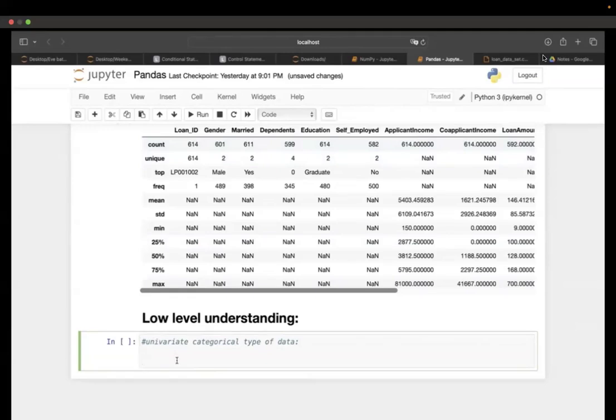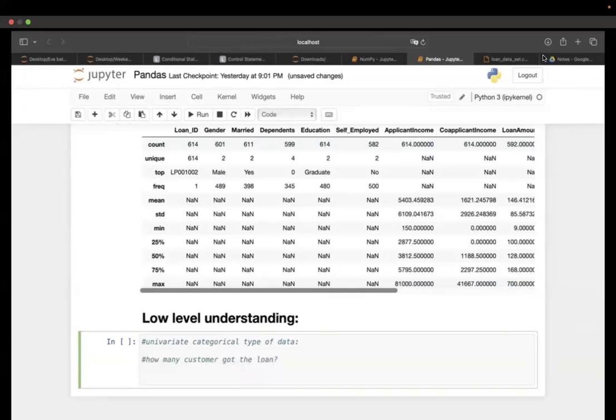How many yes are there? How many no's are there in that particular column? Okay. So let's say how many customers got the loan.